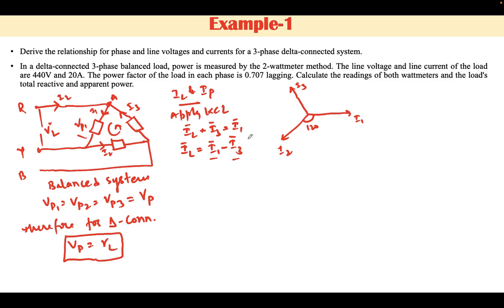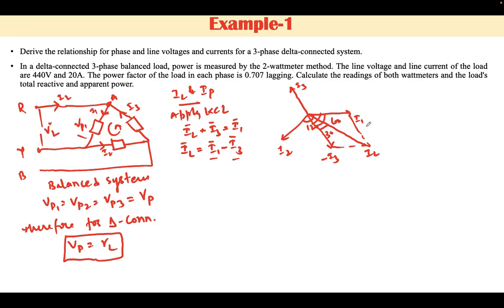Let's consider this is I1, this is I3. Taking the reverse of this vector, that is minus I3, and drawing the concept of parallelogram law of forces, here we can find this is the phasor of IL. This total angle is 60 degrees, whereas half of this angle is 30 degrees.